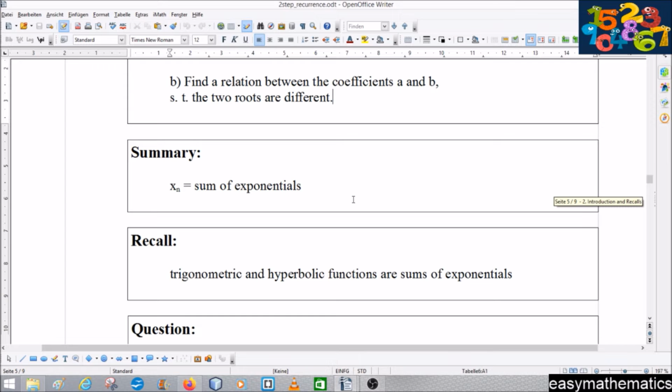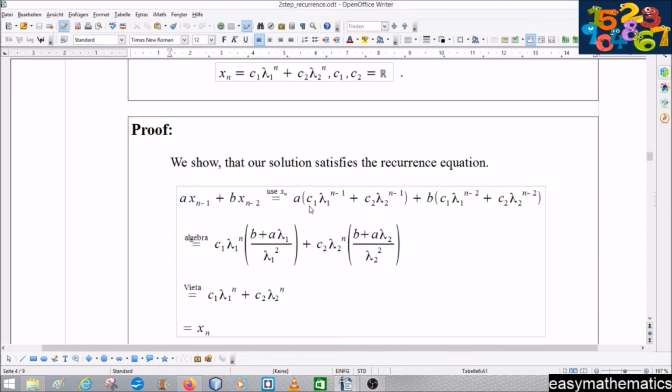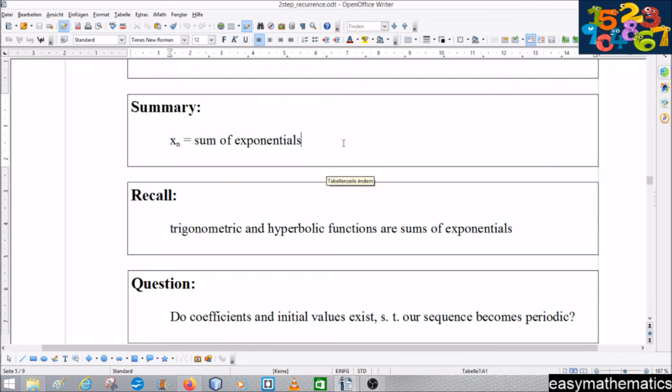So, as a summary, we see that the closed form can be written as a sum of exponentials. Okay, so if you take a look here, the closed form is a linear combination of some powers to the n. Okay, and this is what I mean by sum of exponentials. And if you think about trigonometric and hyperbolic functions, they can also be written as sums of exponentials.